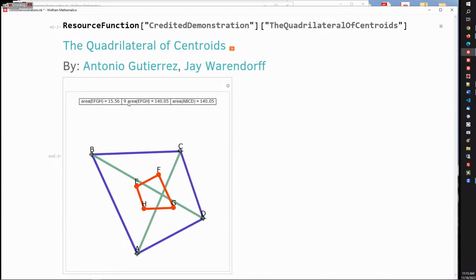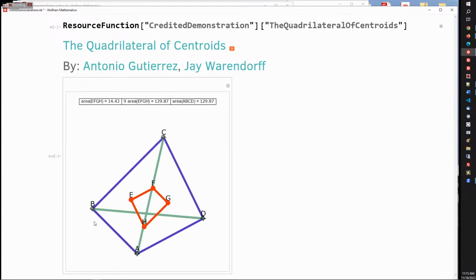You can see that up here. We've got 9 times the area of EFGH as an area of 140, and the area of the original quadrilateral is 140, and that is for any quadrilateral.